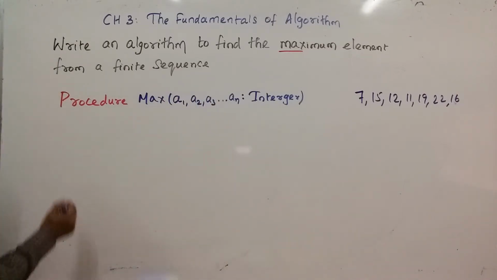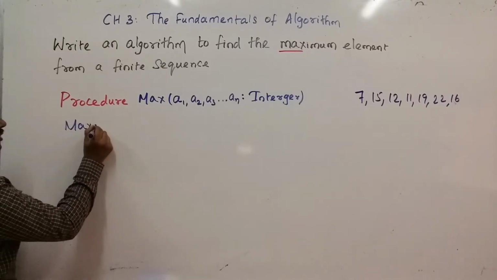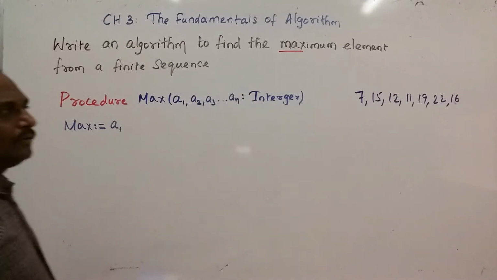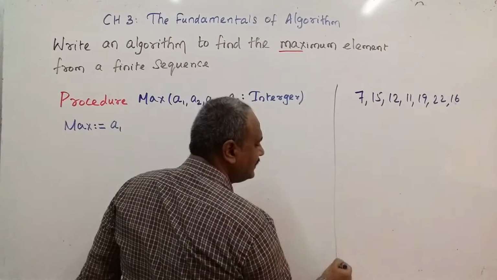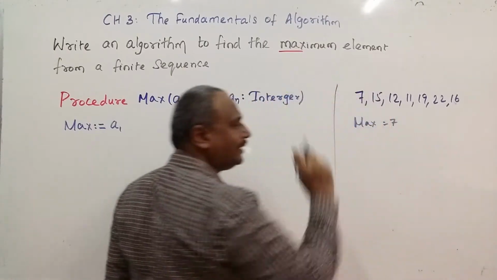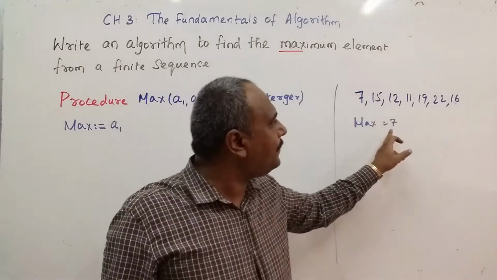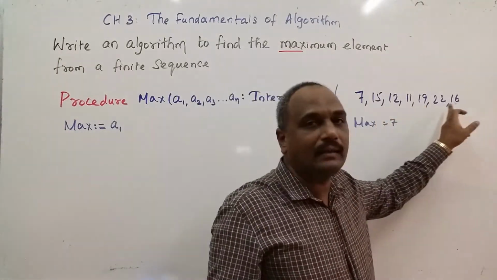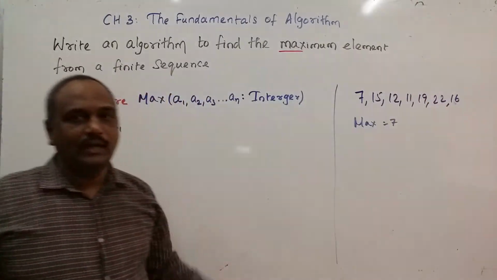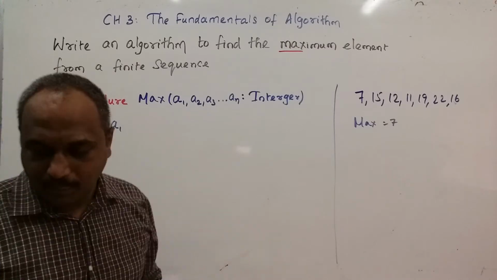So what I am going to do, I am going to define a variable called maximum as the first number. For example, if you take this as an example, I am going to take the maximum as 7. I am assuming. And then I am going to compare this number with the other numbers, and then I am going to find which is the maximum number.